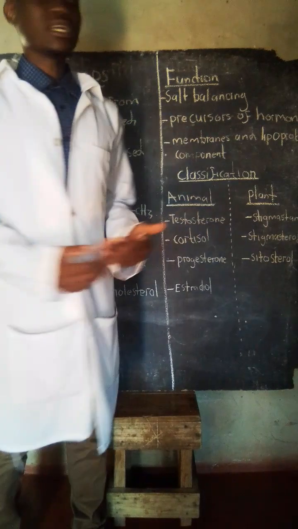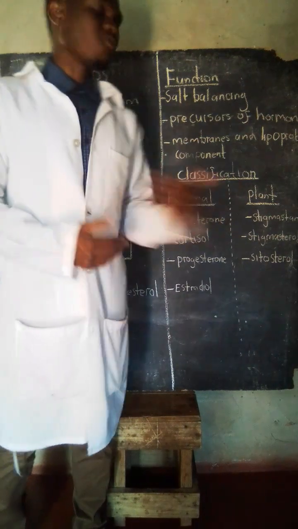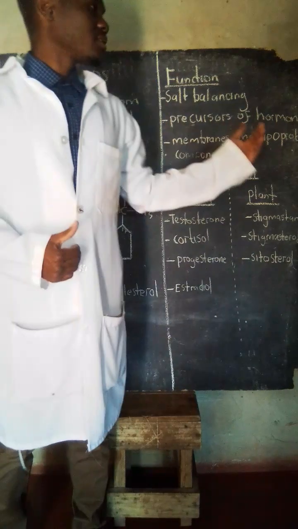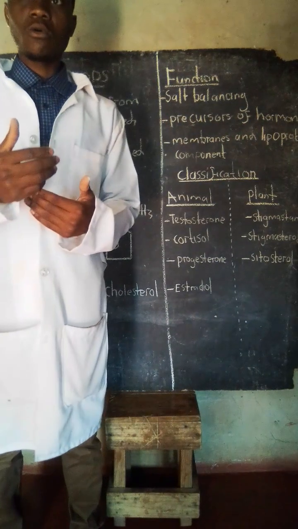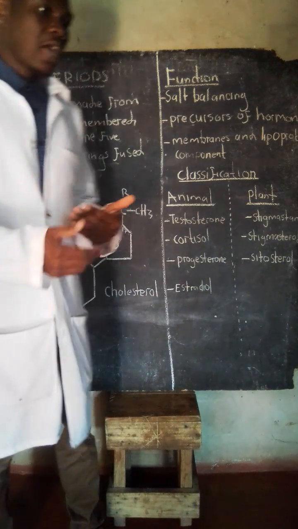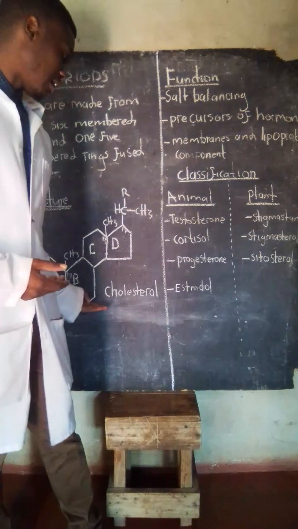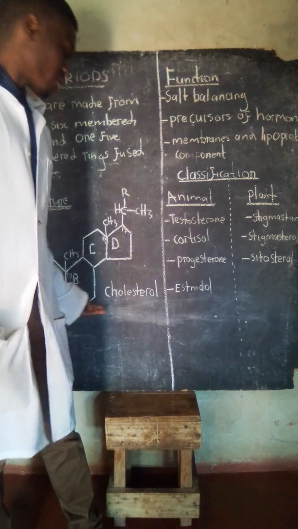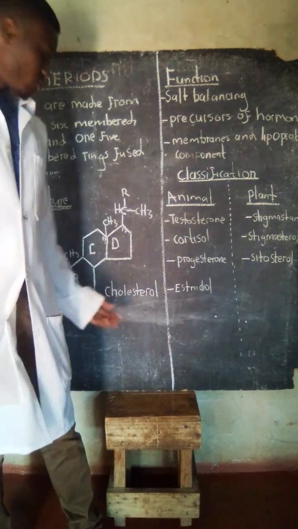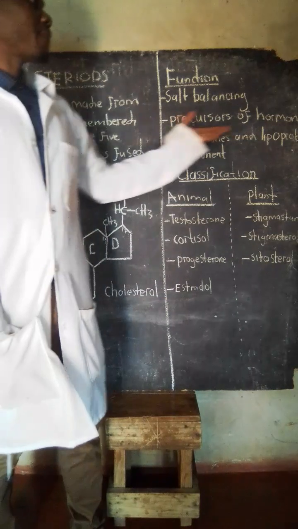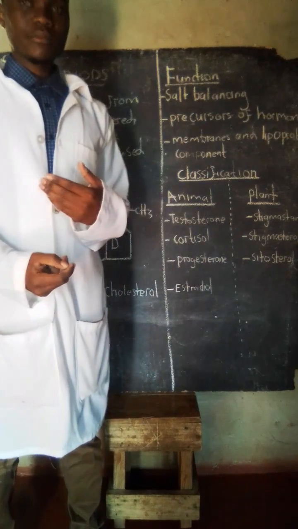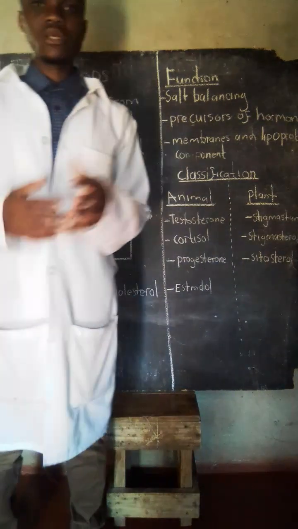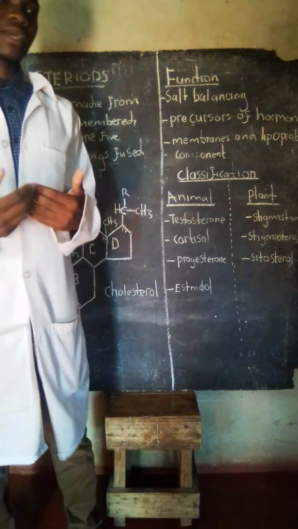The next function is that steroids are used as precursors of hormones, meaning, like I mentioned earlier, most steroids form hormones, and if you're talking of animal steroids or animal hormones, they mostly come from a steroid which we call cholesterol. That's why I'm saying they are precursors of hormones, so they can undergo chemical reactions within the body to produce different types of hormones.